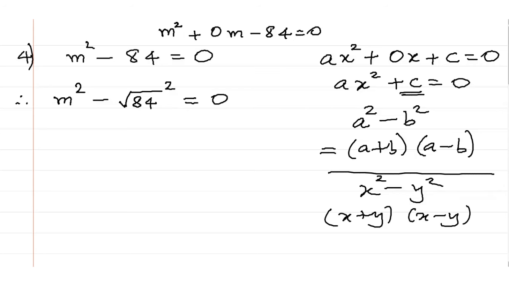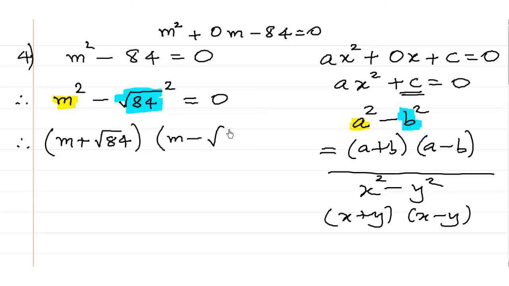Now this looks like a square minus b square. So this square root of 84 is b, and the answer is a plus b, a minus b. So we can rewrite this as a plus b, yellow plus blue, and a minus b, yellow minus blue.